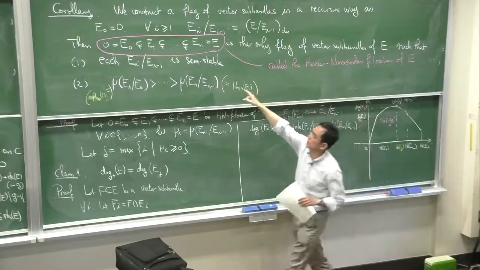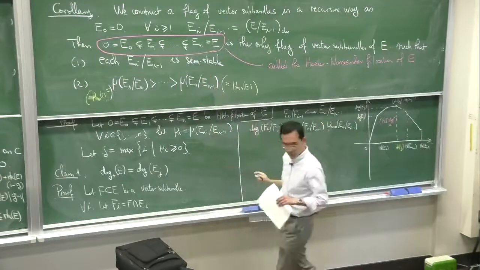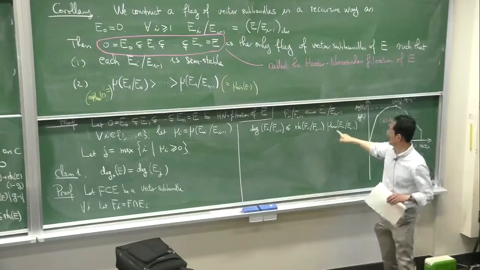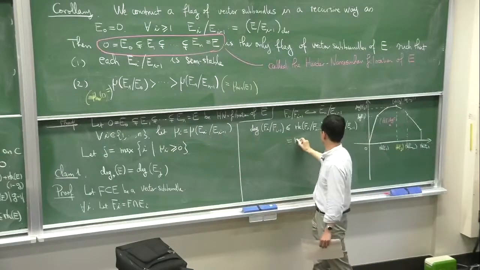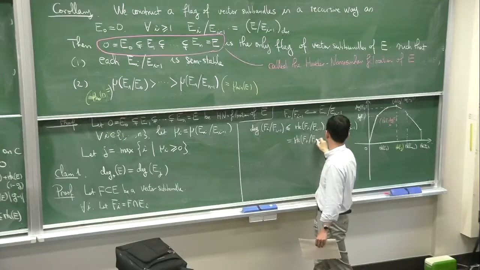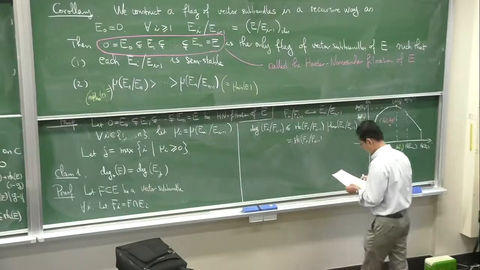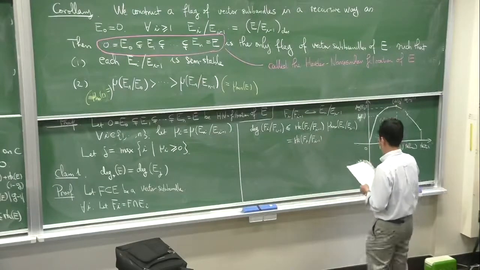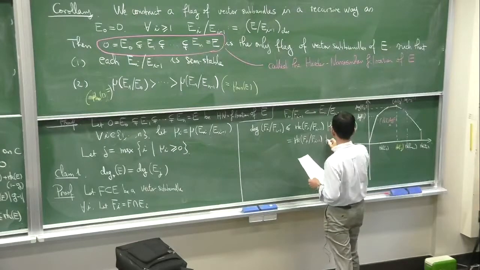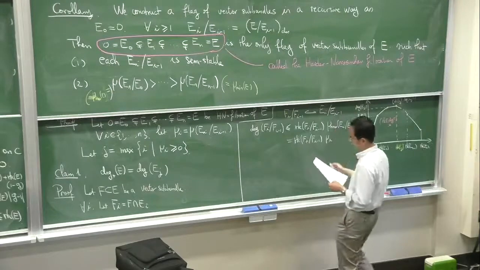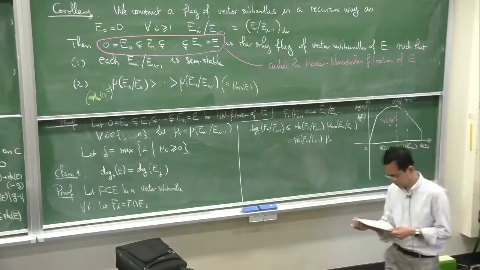But you know that Ei over Ei minus 1 is semi-stable. So its maximal slope is just its slope. So this is just the rank of Fi over Fi minus 1 times mu i, where mu i is the slope.